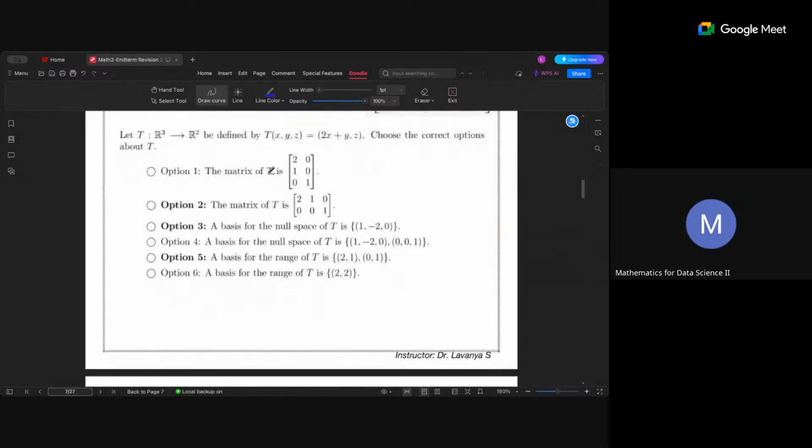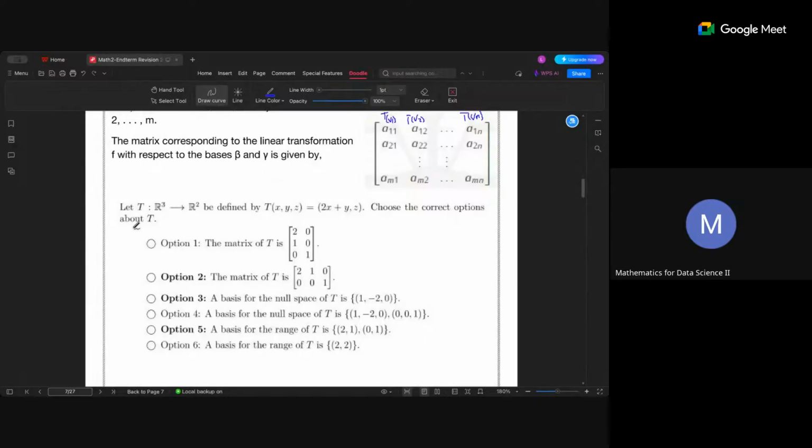Look at this example, T from R3 to R2, and this is the transformation. Now choose the correct option about T. What is the matrix of T with respect to the standard basis for both R3 and R2? What is T of 1, 0, 0? 2, 0.